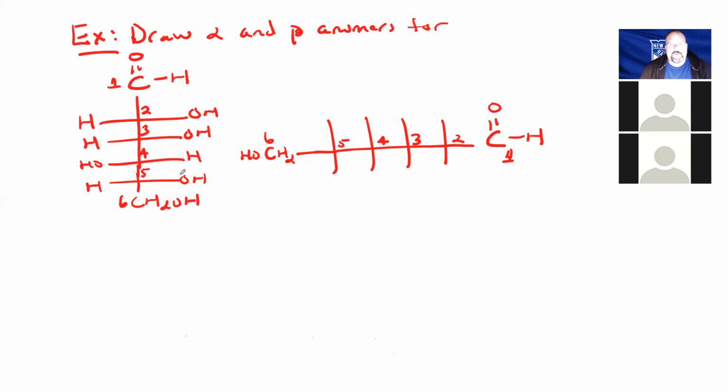So for carbons 2 and 3, the OHs were on the right. After we turn it, the OHs are going to be on the bottom. For carbon 4, the OH is to the left. After we turn it, the OH is going to be to the top. And for carbon 5, the OH is to the right. After we turn it, the OH is going to be on the bottom. And then after that, I would fill in the hydrogens on those carbons as well.